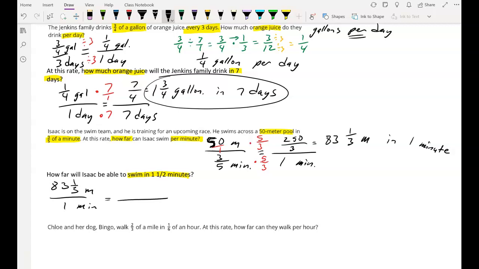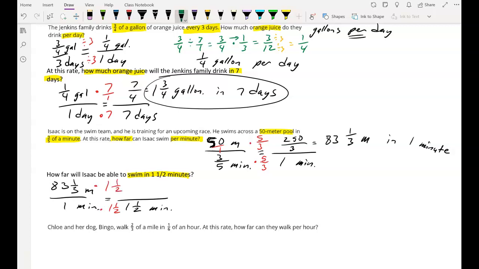And we want to know what that'll be in 1.5 minutes. Well, we know that we have to multiply 1 times 1.5 to make 1.5. We're going to have to multiply 83 1/3 times 1.5.